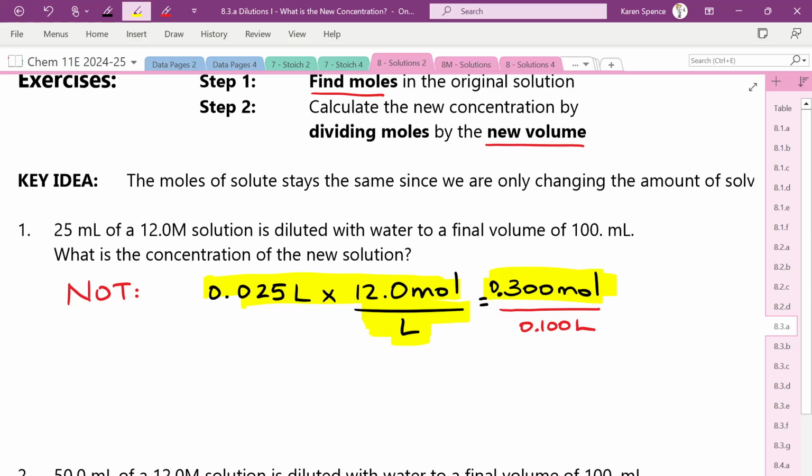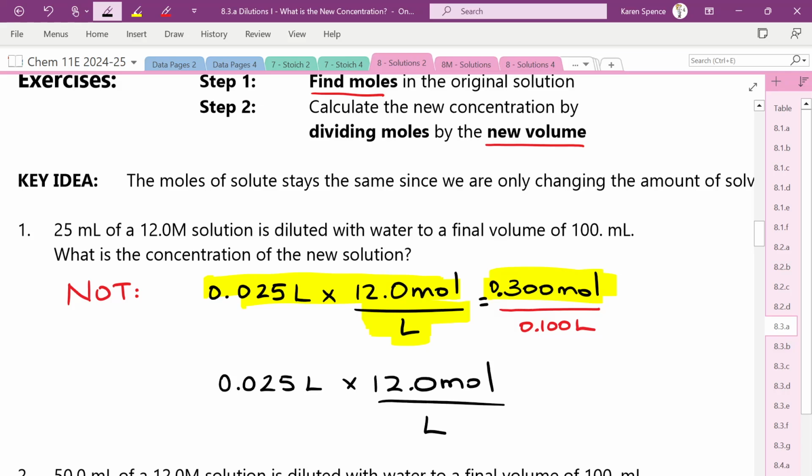So how you can get around that is you could write 0.025 liters times 12.0 moles per liter times 1 over 0.100 liters.